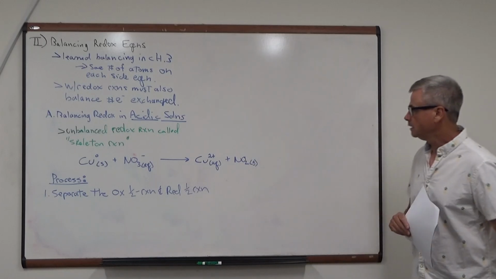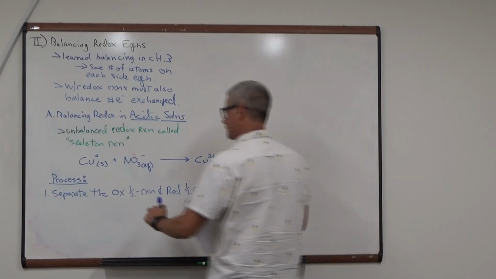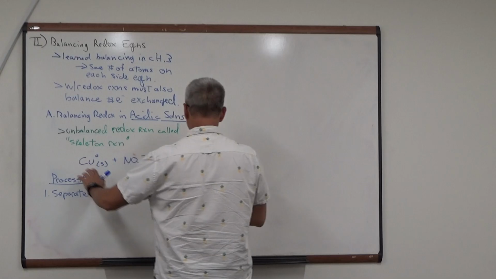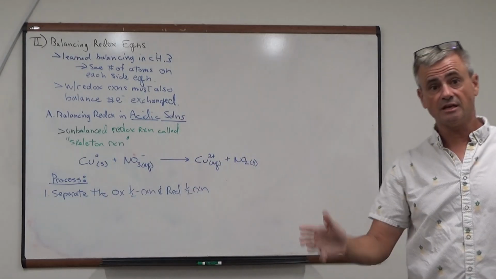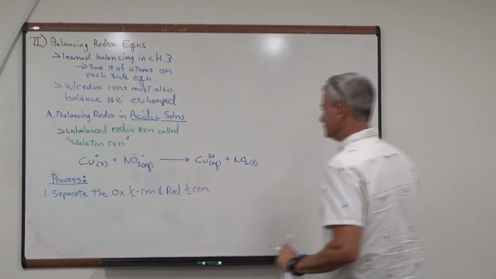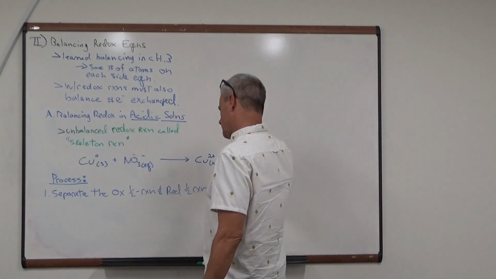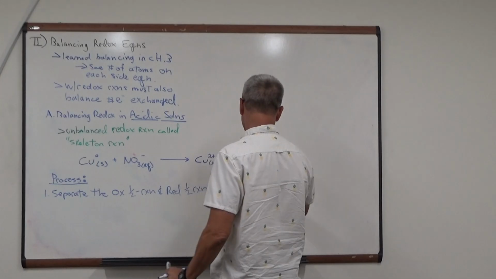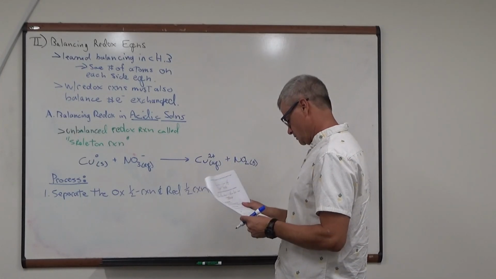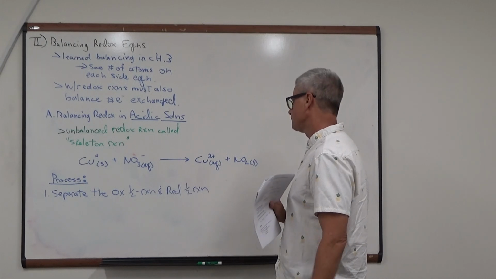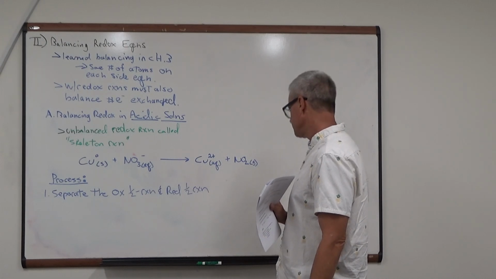We can tell right here, for instance, that copper going to copper 2 plus is going to be the oxidation half reaction. And then nitrate going to nitrite, nitrogen dioxide is going to be the reduction process.